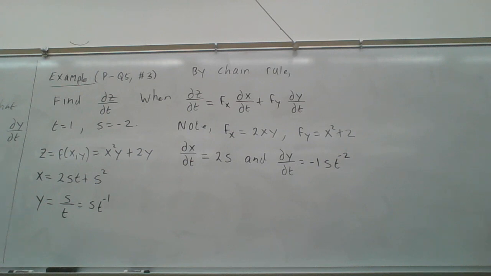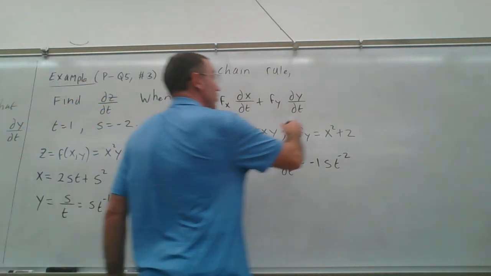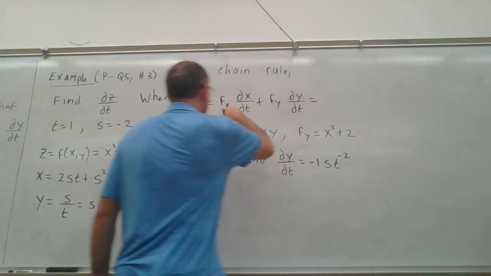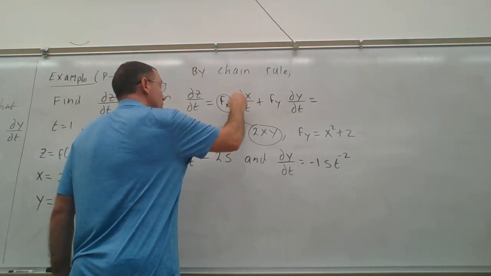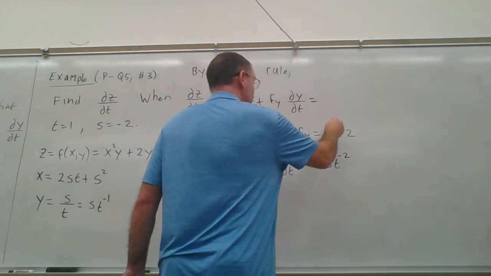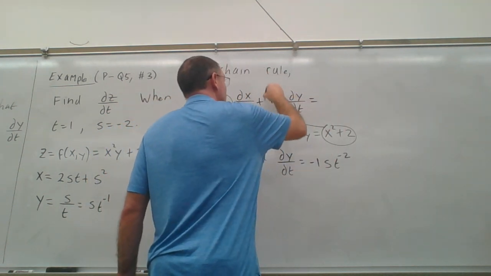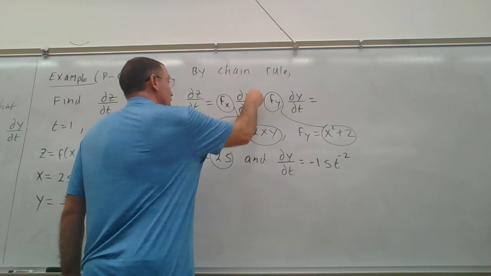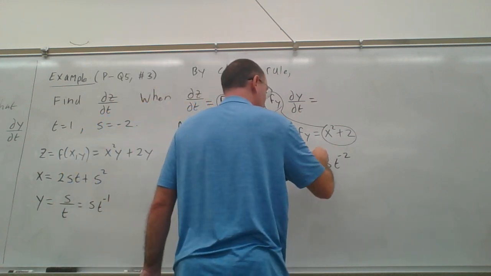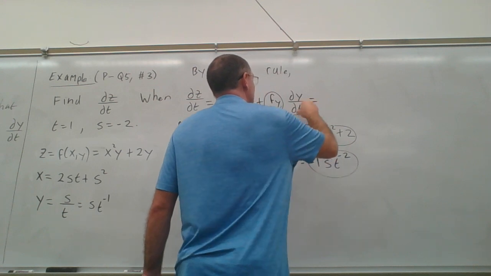So then plugging in up here our values we found. So the fx, which is this, is going to go here. Fy, which is this, will go here. Partial x with respect to t goes here. Partial y with respect to t goes here.